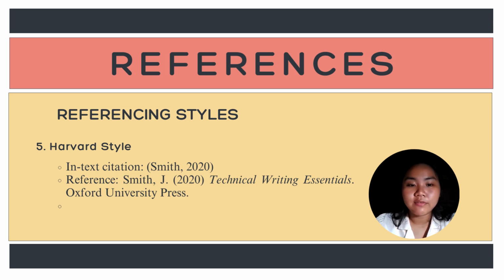And for the reference list format, as you can see on the screen, we have the author's last name, followed by the first initial and the year in a close open parenthesis, followed by the title of the book, and lastly the publisher. These are commonly used in academic papers, especially in the UK and Australia.